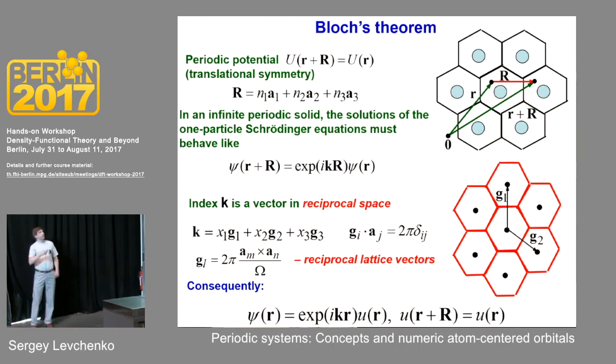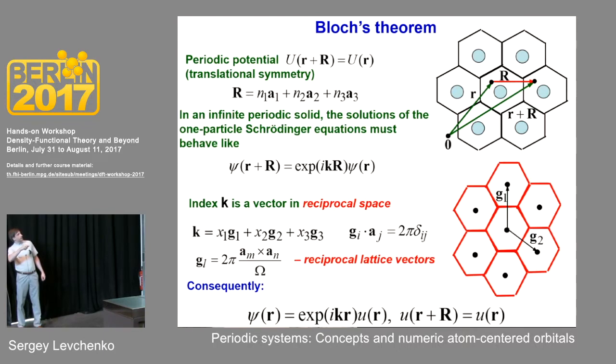And then Bloch's theorem states that the wave function is not periodic with the same periodicity as the lattice, but it changes under such a translational operation only by a phase factor. And the phase is k times r, where k is a vector in reciprocal space. So reciprocal space is simply calculated like this.